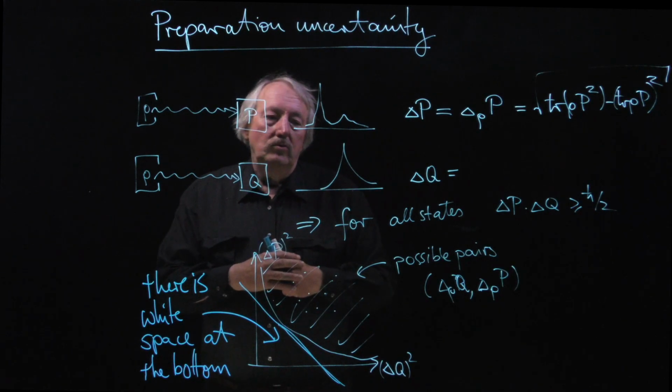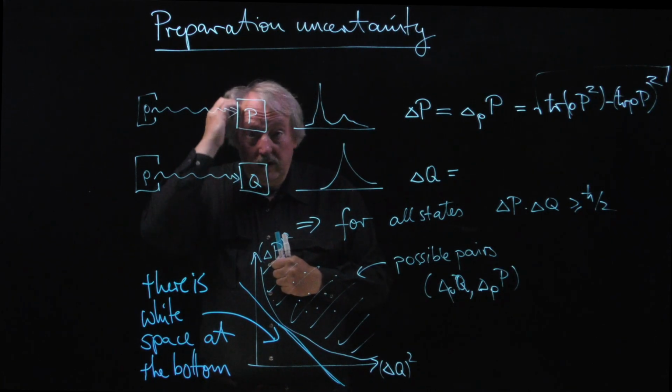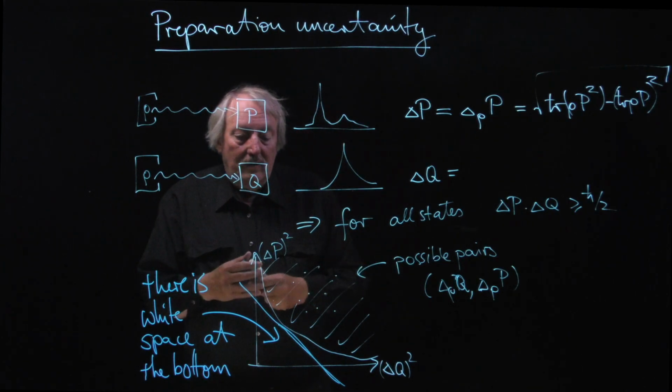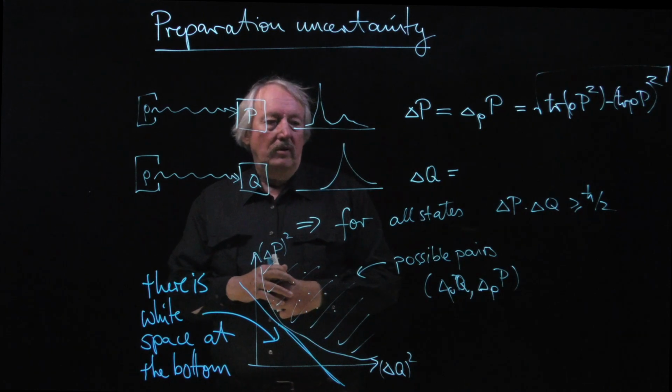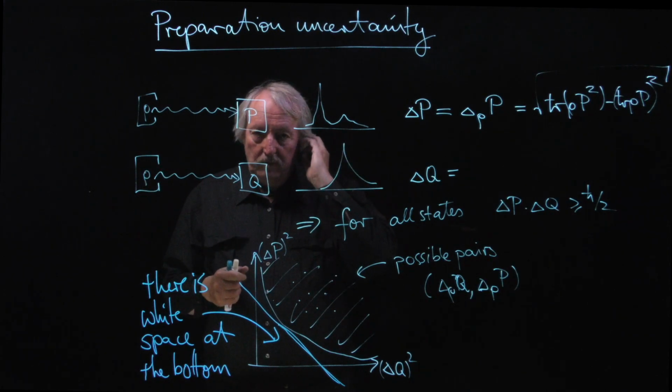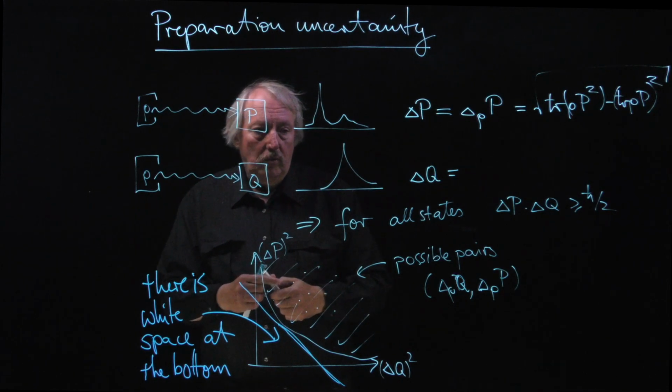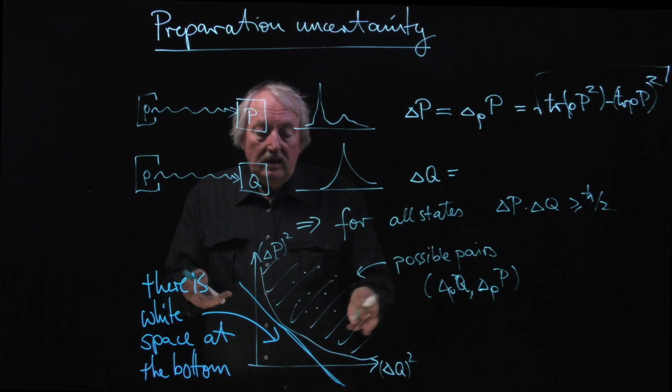You can draw the diagram and do your inequalities. That may be hard work, but for example, for angular momentum, you would get something similar. We have a spin 1 representation, and you look at two components of the angular momentum. Then you get a diagram like that.